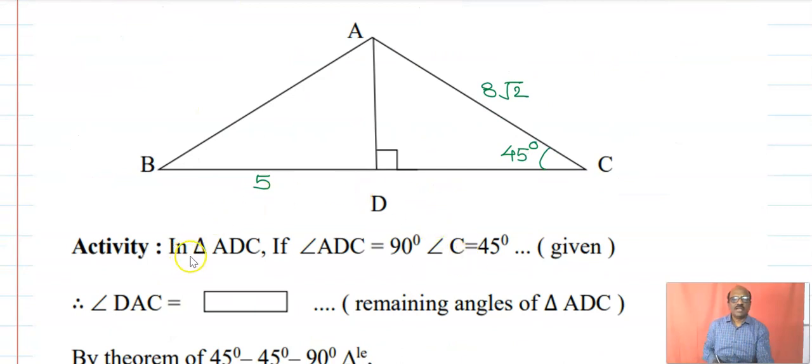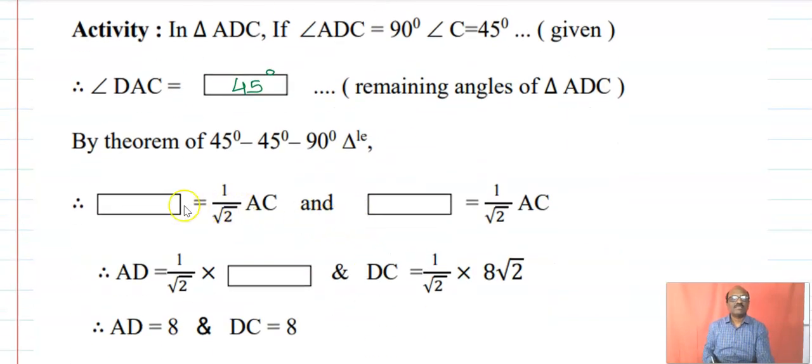In triangle ADC, measure of angle ADC is 90, measure of angle C is 45, and therefore measure of angle DAC is also 45, since the sum of the measures of angles of a triangle is 180 and that is the remaining angle. Therefore, here we write 45. Now the next is, by the theorem of 45-45-90 triangle.